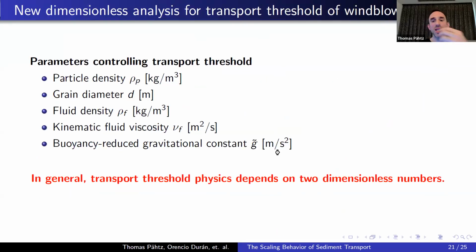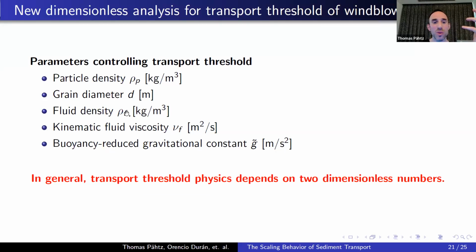For windblown sand, what we recently came up with is a very new way of thinking of the threshold. Before I come to that, let me give you a very brief explanation that we expect the threshold to depend on two dimensionless numbers. Why? Because we expect it has to depend on the particle density, grain diameter, fluid density, viscosity, and reduced gravity.